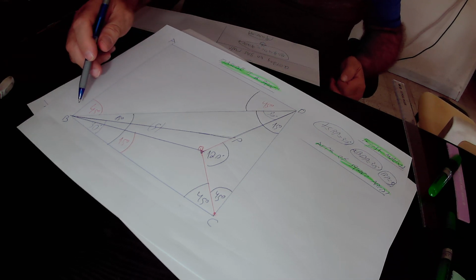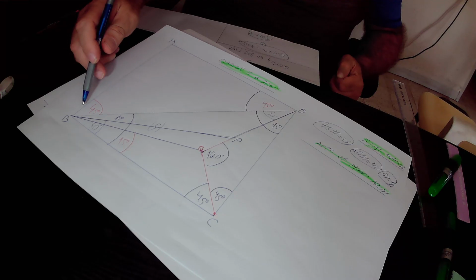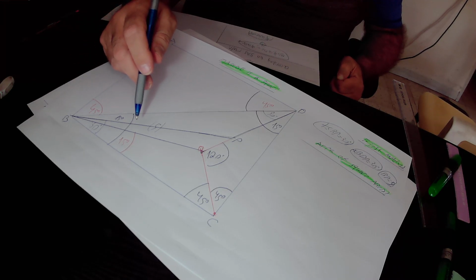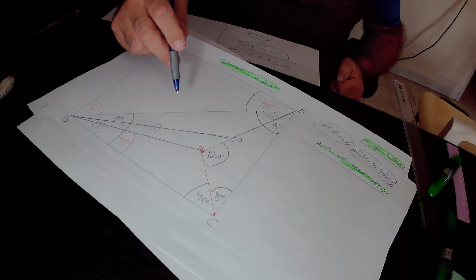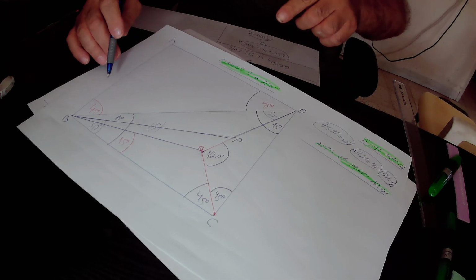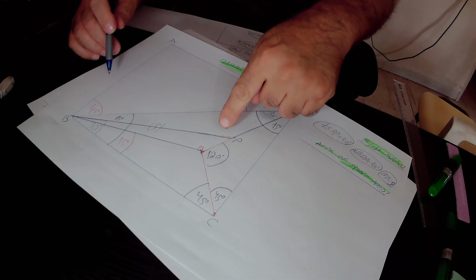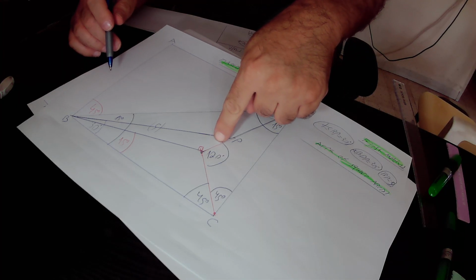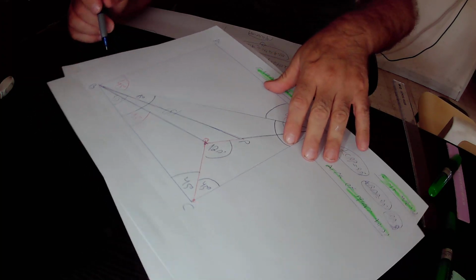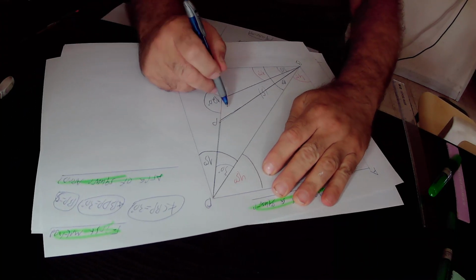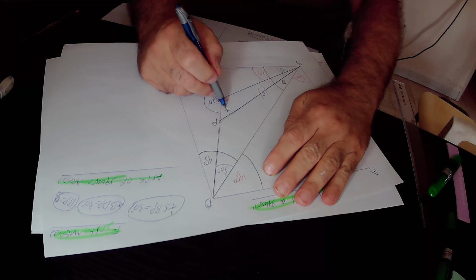This is the missing angle BQP. This is the missing angle BPQ, equal to 45 degrees in size, according to rule 8.